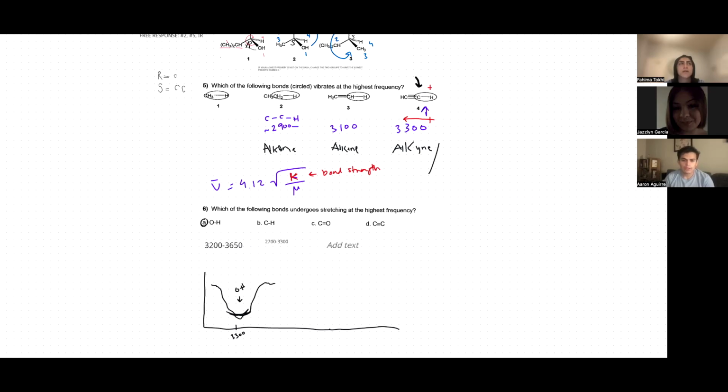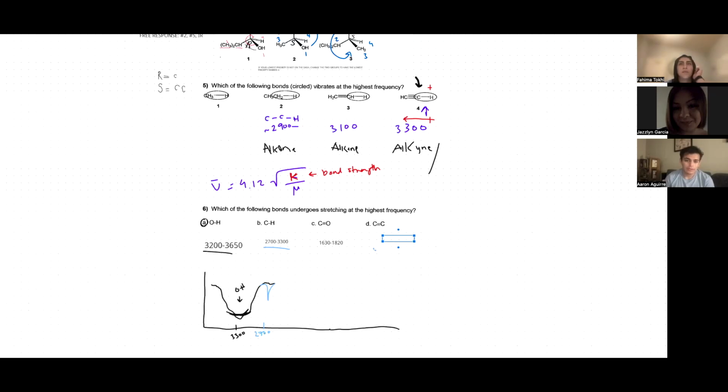Now C double bond O: a carbon double bond is between 1630 and 1820. And then a carbon triple bond, an alkyne, would be 2100 to 2250.